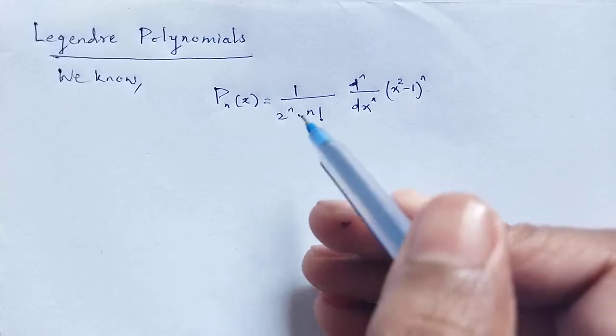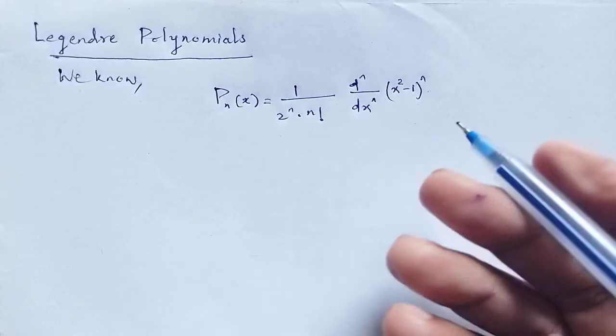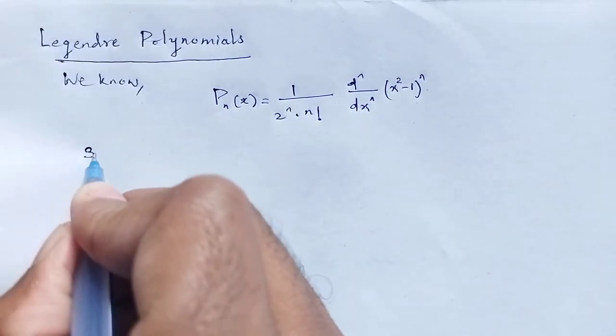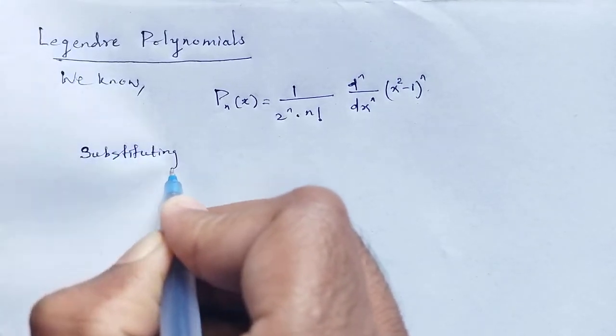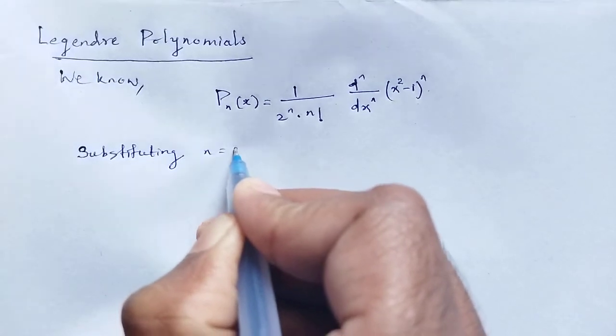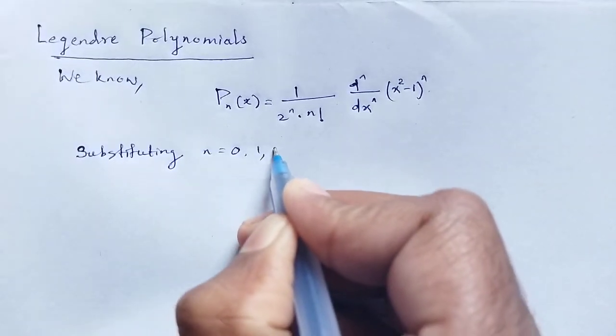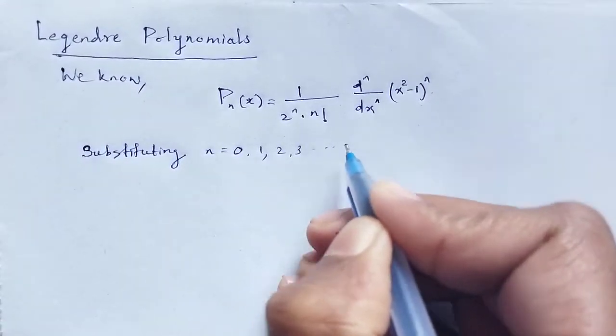Substituting n is equal to 0, 1, 2, 3 and so on.